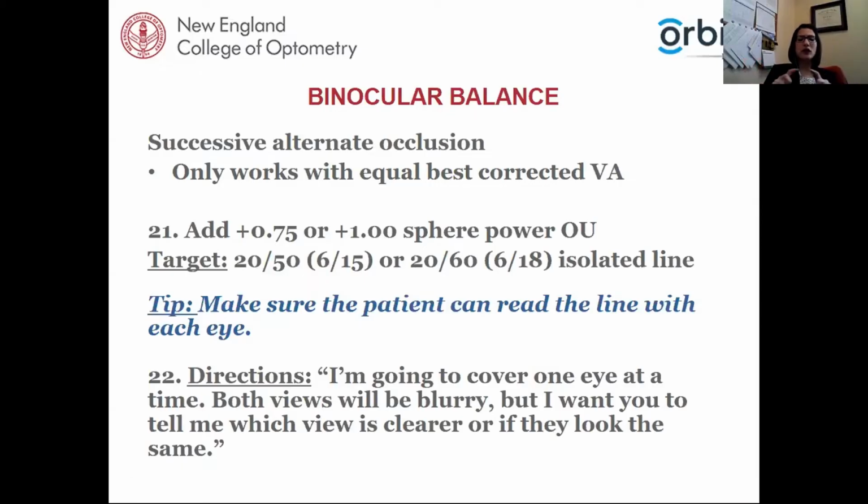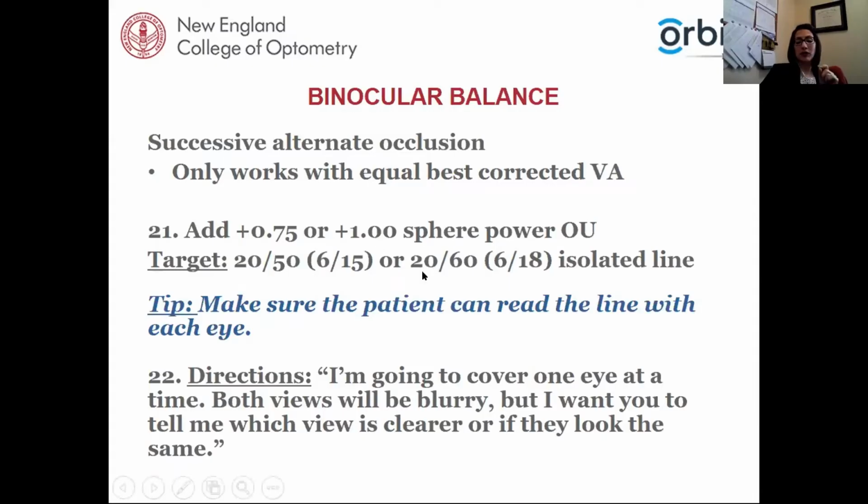You want to isolate one line. For this procedure, you can use either the 20/50 or the 20/60 line, depending on how much plus power you add. But you do want to make sure that the patient is able to read all the letters on the line with each eye. So let's say you add +1 and you show the patient the 20/60 line.